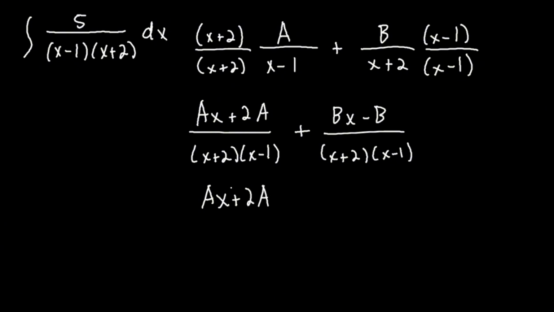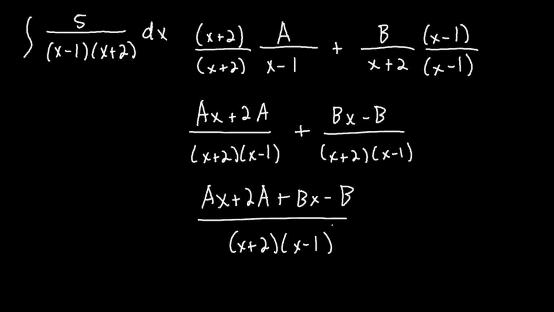So we get Ax plus 2A plus Bx minus B over x plus 2, x minus 1. Since the denominators in both our integrand, or original function, and this newly written function are the same, we can just completely ignore the denominator. All we care about is the numerator in this case, right?